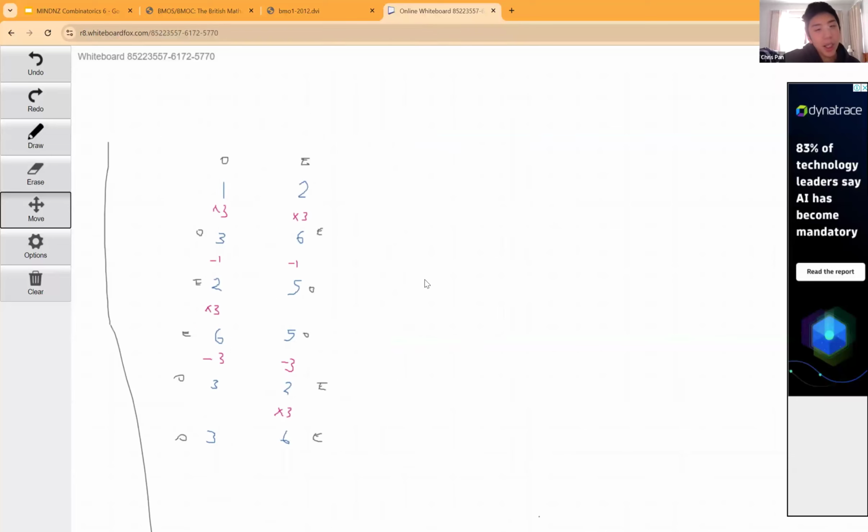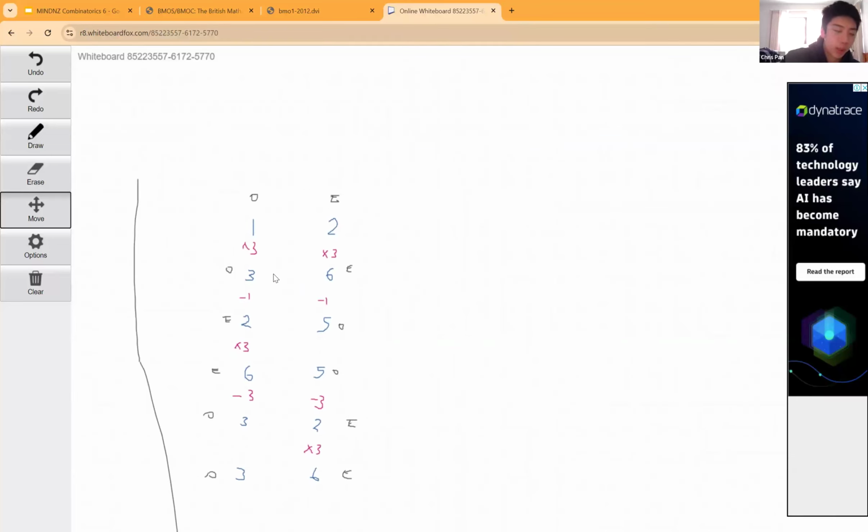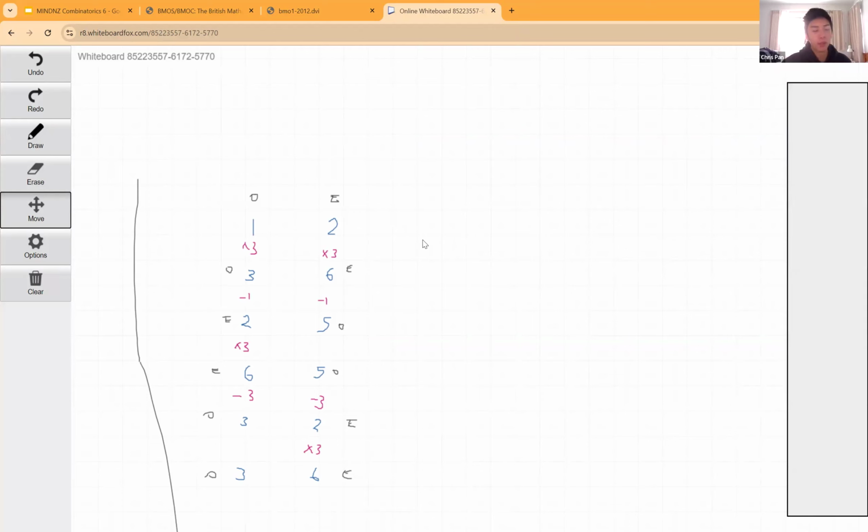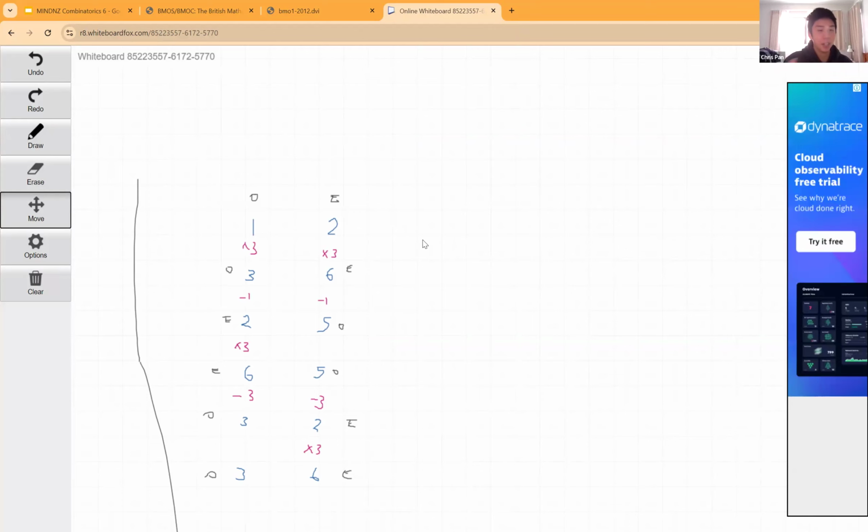Why is this? Well, with the multiplying by 3 operation, an odd number will remain an odd number afterwards, and an even number will remain an even number. So multiplying by 3 doesn't change the parity of numbers. And subtracting the same number from both will keep an odd number and an even number, because you're changing the parities together at the same time.